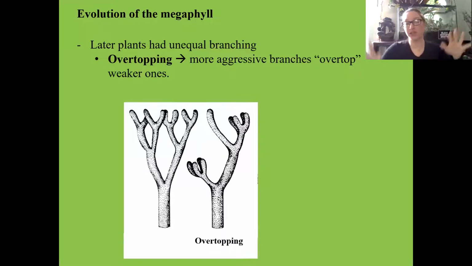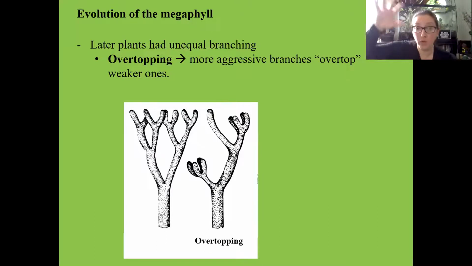However, eventually you would have had some branches growing taller than the other ones, as you can see in this next drawing. And those more aggressive branches would overtop the weaker branches. So that's what we say, overtopping. And you can see here, who here is overtopping?